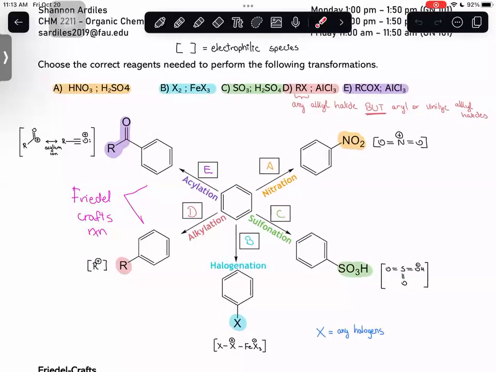Now, the only reactions that are going to be really, really special are the ones on the left side. The purple and the pink. I think it's red. Pink or red, whatever. But those reactions are going to be very special. They have special rules and they actually have a special name, which are going to be your Friedel-Crafts reactions. So those guys sometimes are not going to be able to happen.